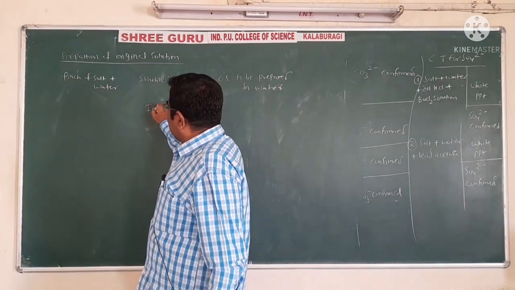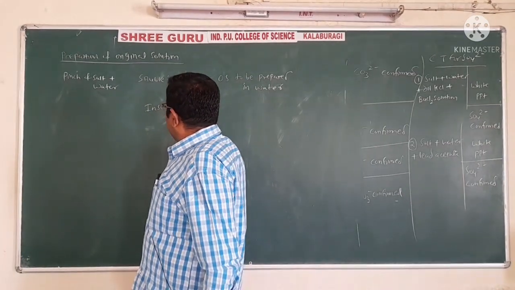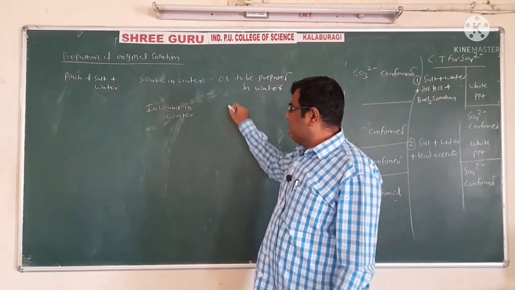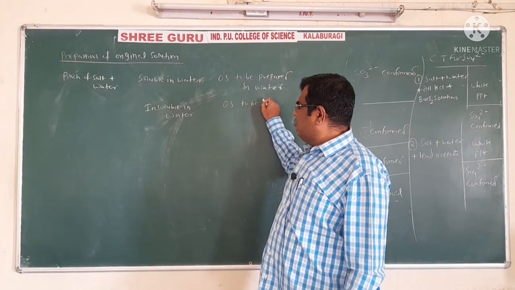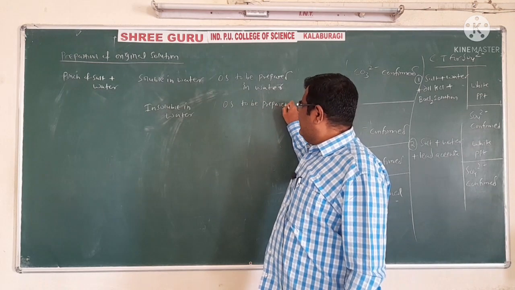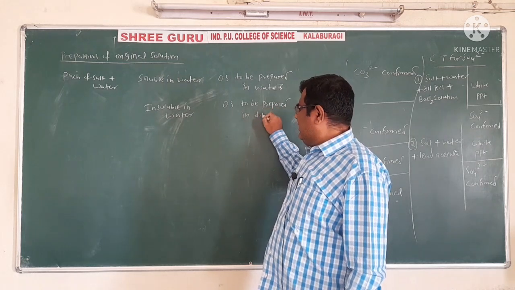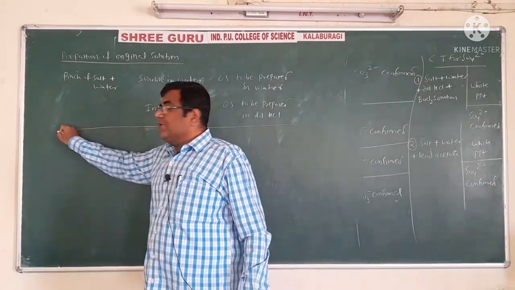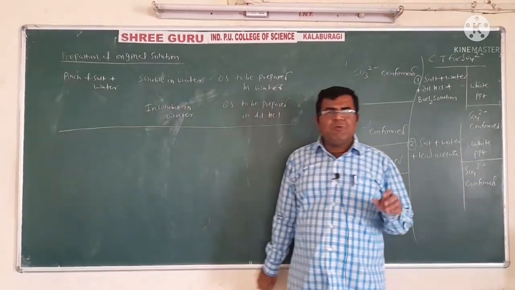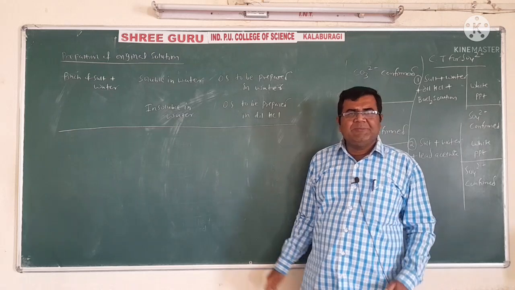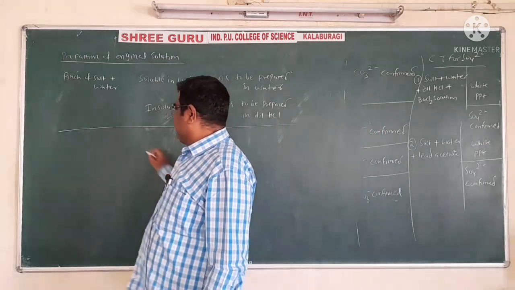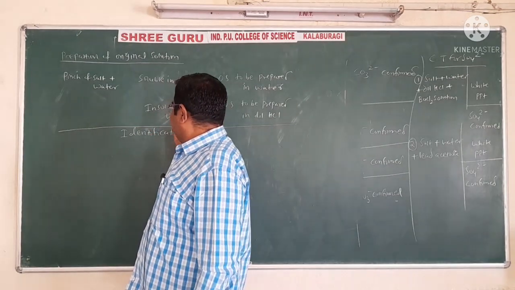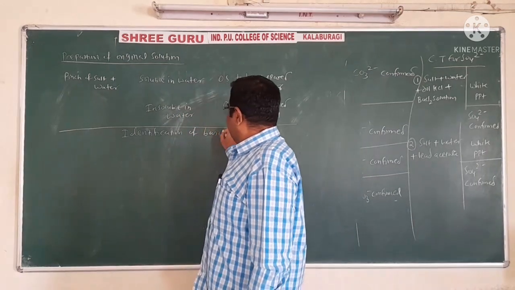If it is insoluble in water, it does not dissolve in water, if our salt is amorphous, OAS is to be prepared in dilute HCl. So this is the preparation of original solution. Once preparation of original solution is done, you can go to the next step, which is the identification of basic radical.